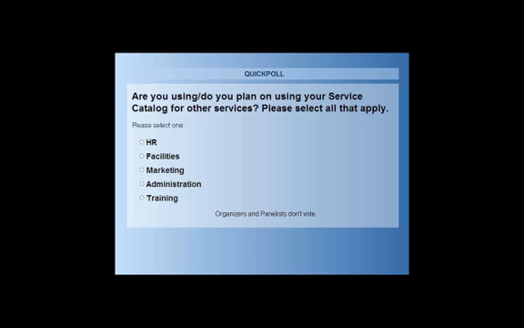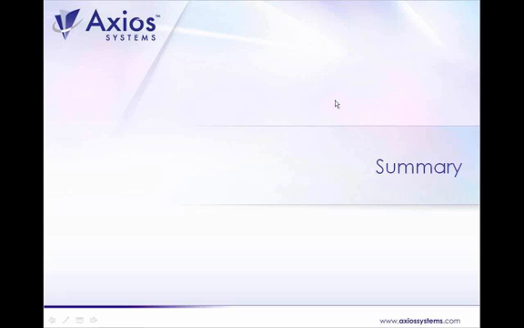So for HR, we have also built structures of services similar to what you saw on the previous slide for things like HR and facilities as well. So that's definitely a useful question. Looking at the spread of answers there, not many are using it for marketing, but a number of you are thinking of it for HR, facilities, admin and training.